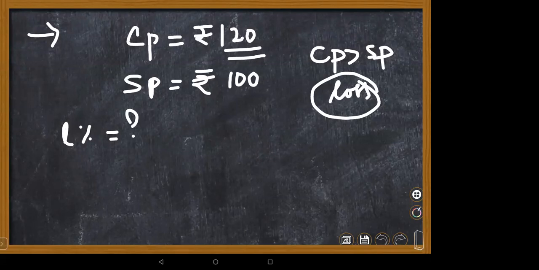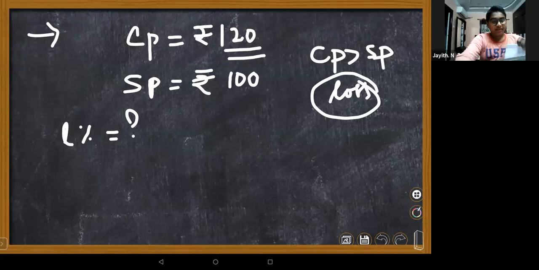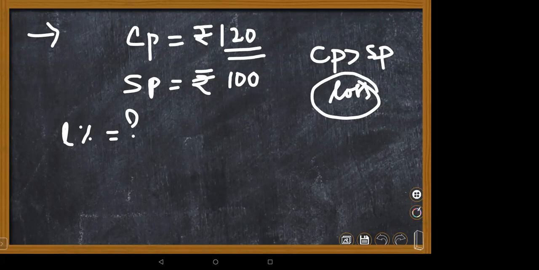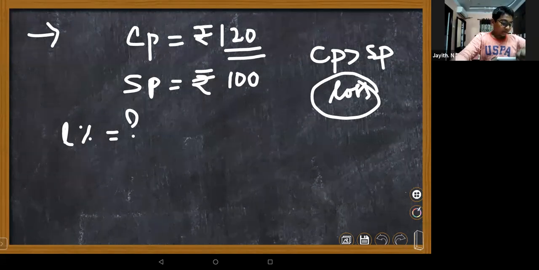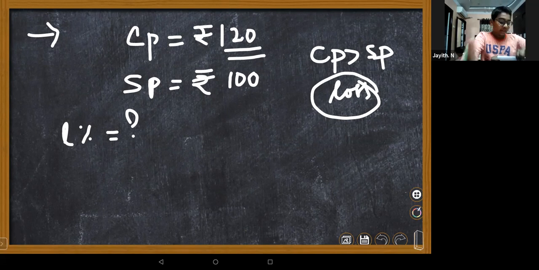Great, very good. Even Sahashwita, your answer is correct. Ma'am, same answer. Jait, can you please help others with how you did it? Ma'am, the subtracted part is 20. 20 divided by CP, 20 divided by 120 multiplied by 100.